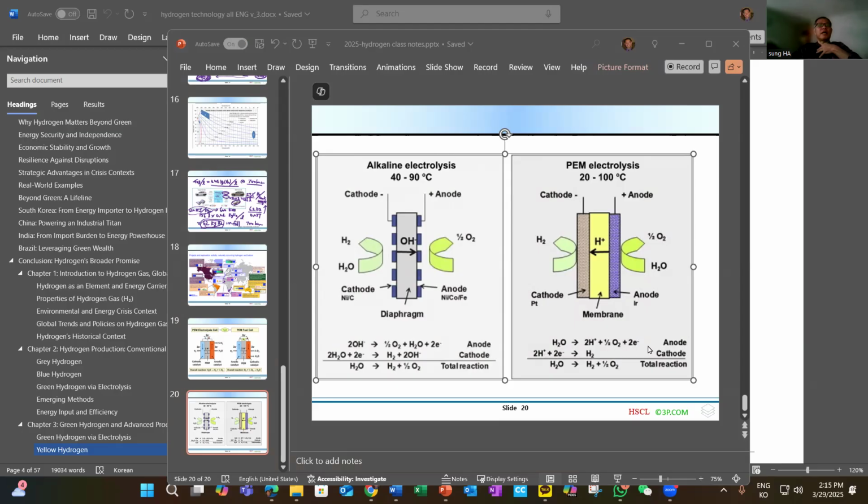And on the anode side, water is again separated into protons, and we get oxygen and electrons. So altogether, we can say H2O, water, is split into hydrogen plus oxygen.